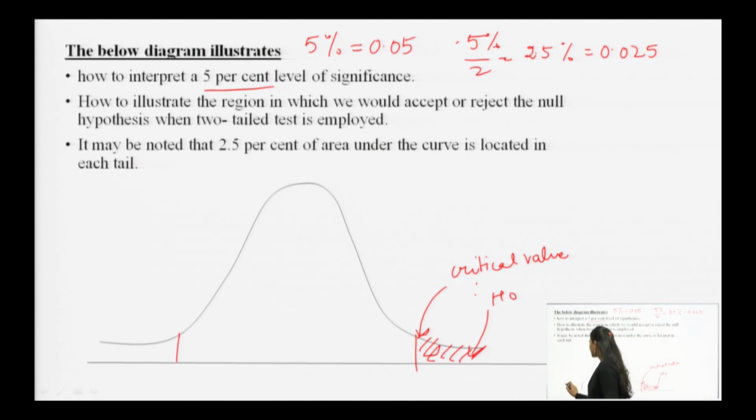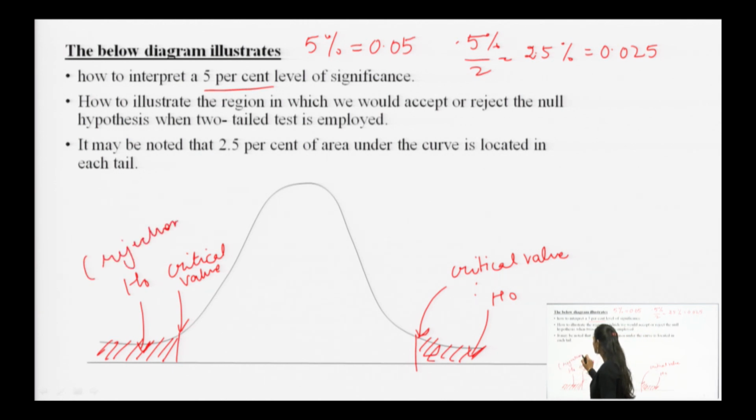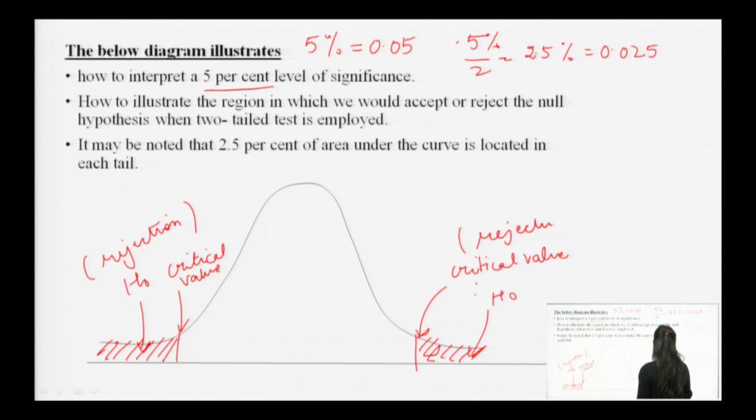In the same manner, on the other side as well, this is the critical value and this is the null hypothesis. That means the two tails of this bell-shaped curve, this area is a rejection area as well as this side is a rejection area.